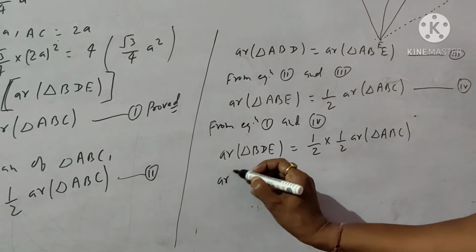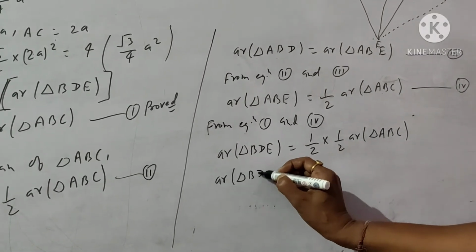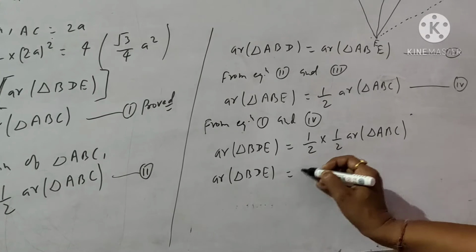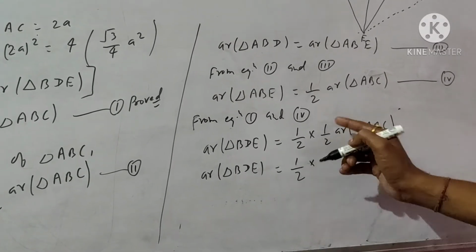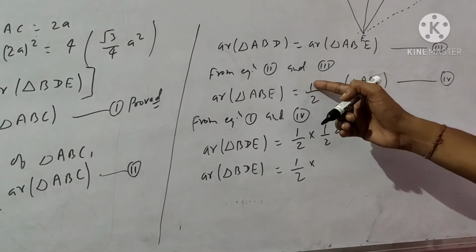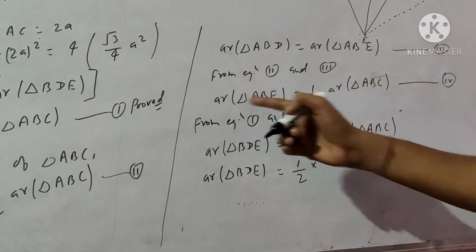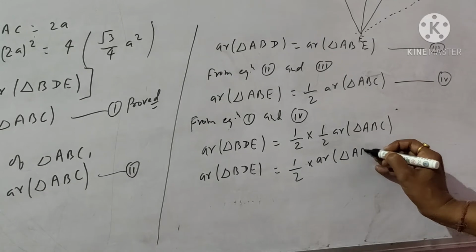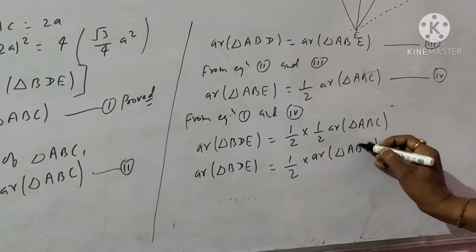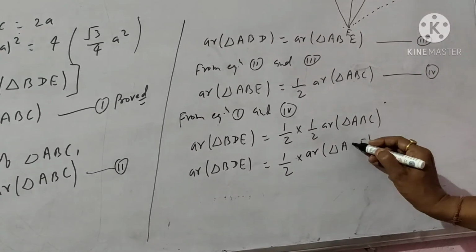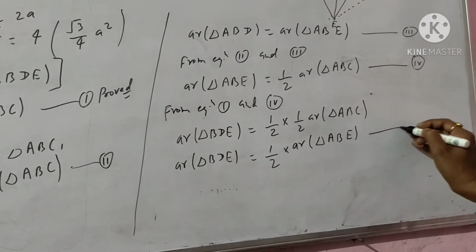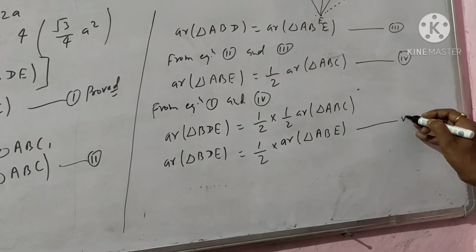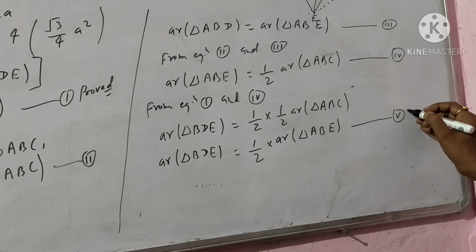So area of triangle BDE is equal to 1 by 2 into 1 by 2 area of triangle ABC, which is equal to area of triangle ABE. This is equation 5. And this one is the second proof, student.